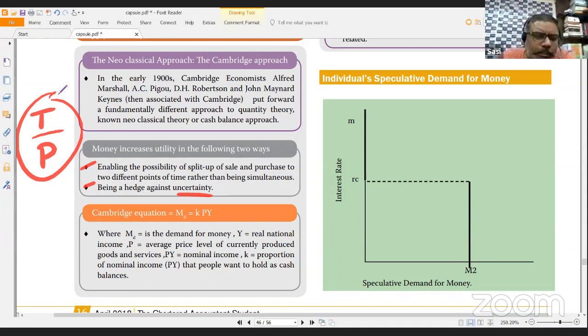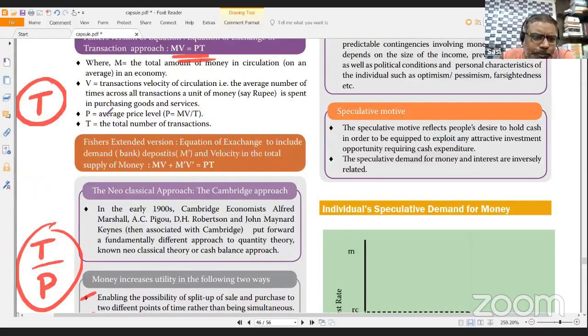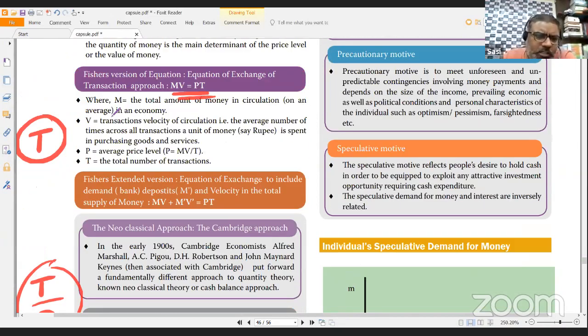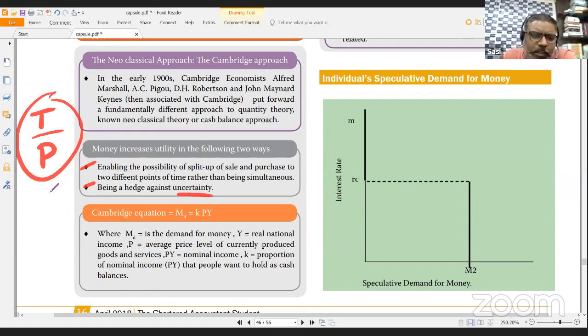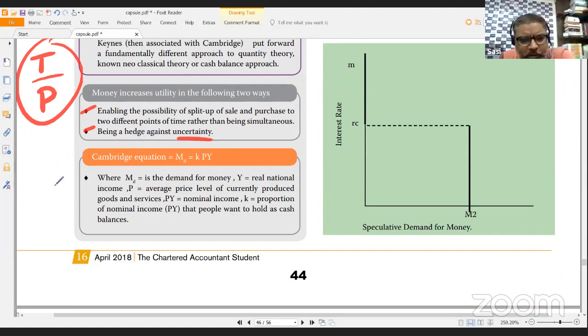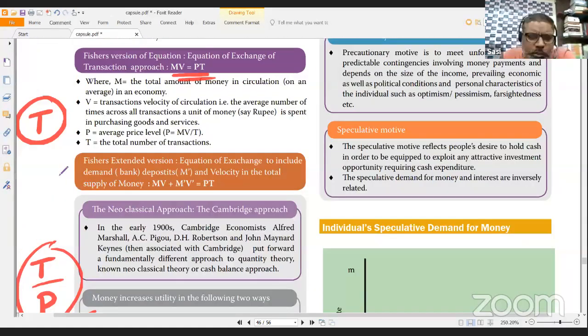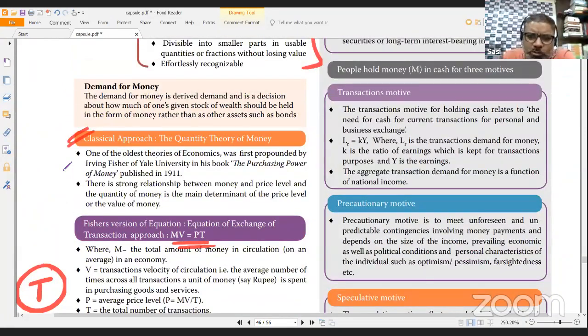I'll keep it. That is the precautionary motive. Because the future is uncertain, maybe suddenly if some requirement comes, we may not have money with us at that time. So out of the money that I earned now, I save a little bit. That is the other motive. So the classical approach focused on the transaction motive, whereas the neoclassical or Cambridge approach says the transaction motive will be there anyway, and people do it for the precautionary motive also.